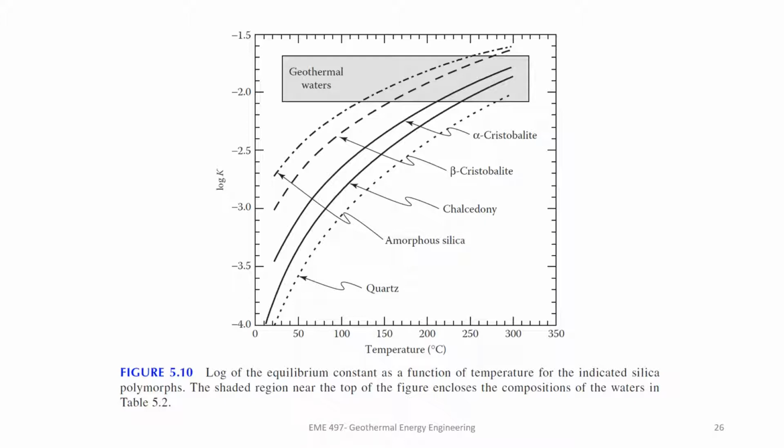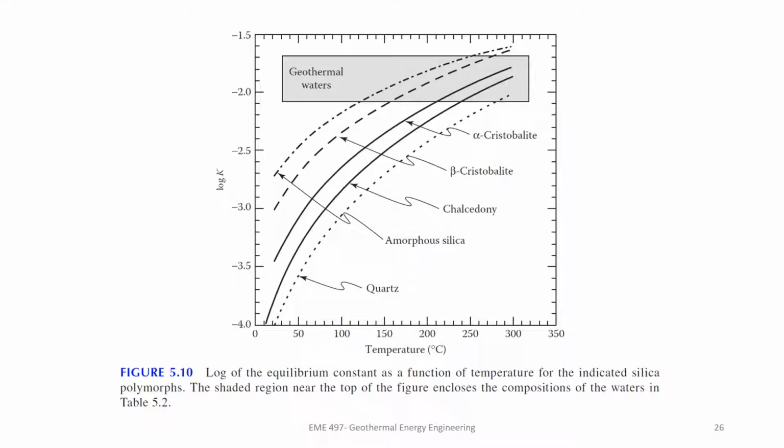Here in figure 5.10, we have the saturation values for amorphous silica, alpha and beta cristobalite, and quartz as a function of temperature. At temperatures below 100 degrees Celsius, all of the waters are supersaturated with respect to all the polymorphs shown in the figure.